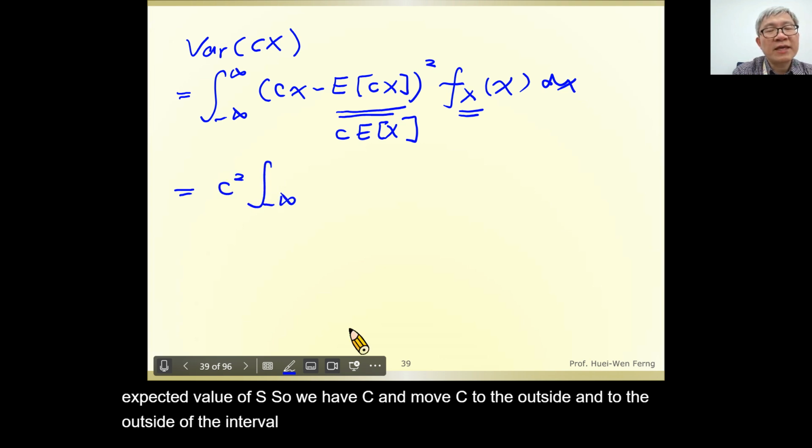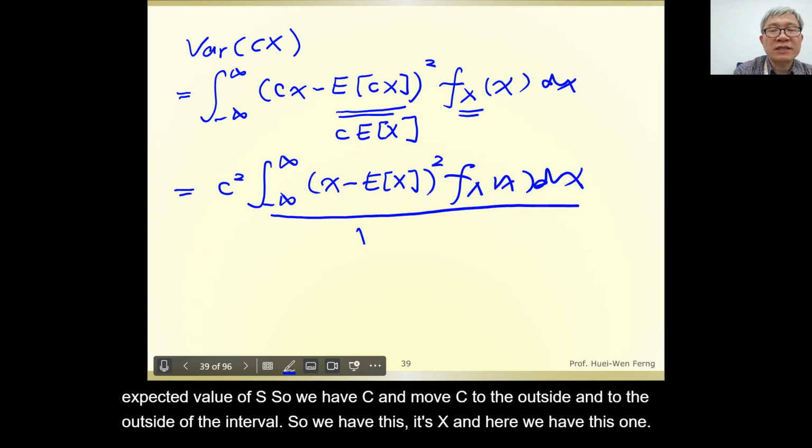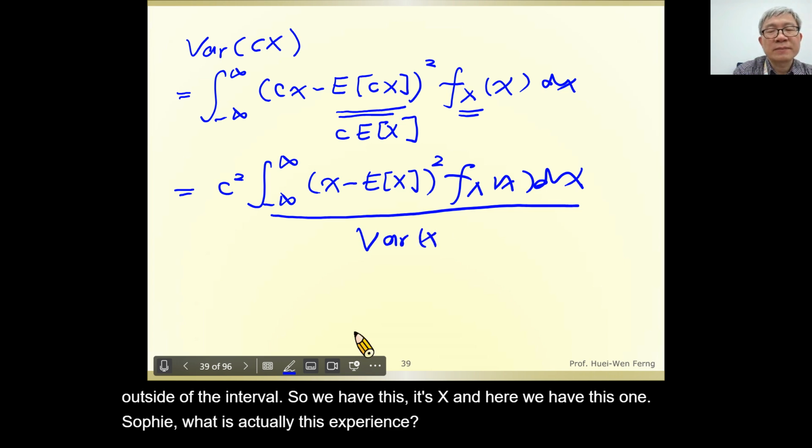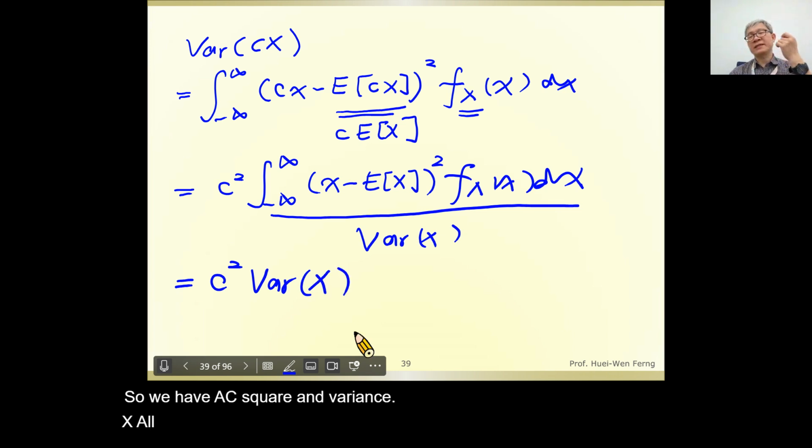So we have this, it's X minus its mean, and finally, what's this? Actually, this is the variance. So we have c squared and variance of X. Alright, so this is the second property.